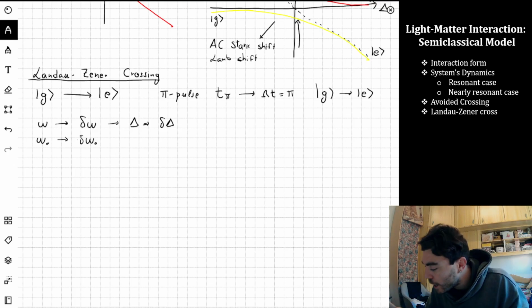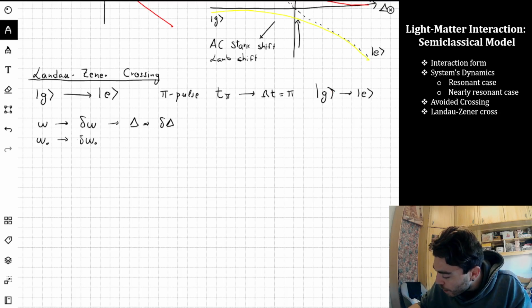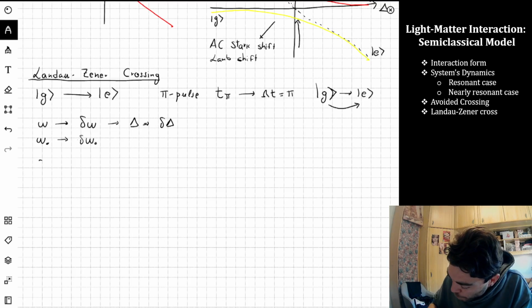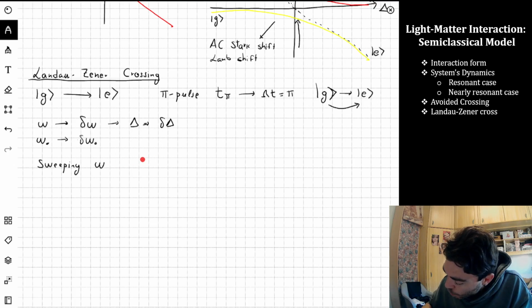But there is a way, even with experimental imperfections, to make this transition work perfectly well, and it's by sweeping the laser frequency, so sweeping omega over the transition.